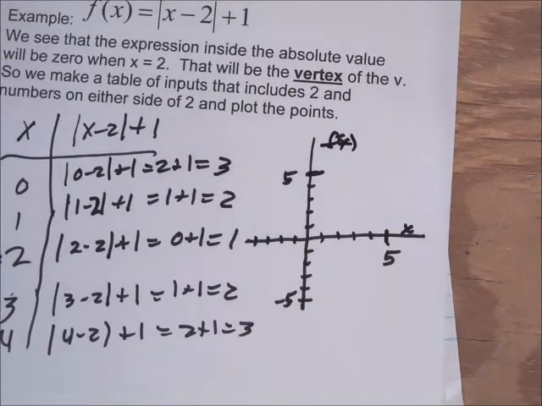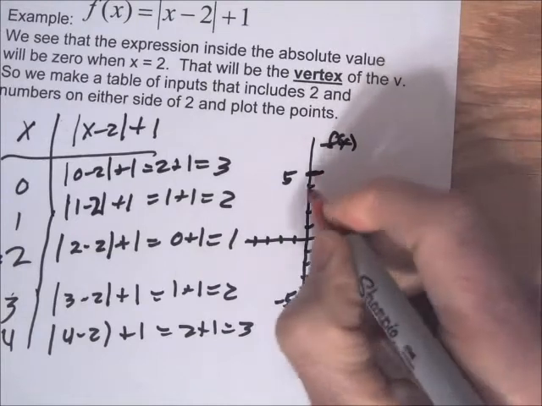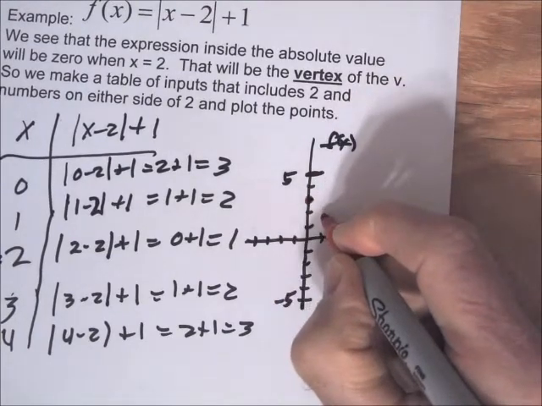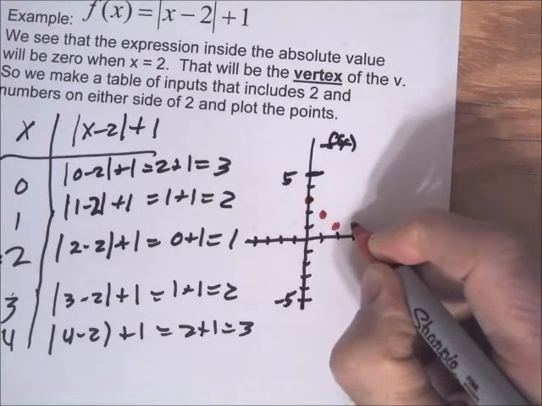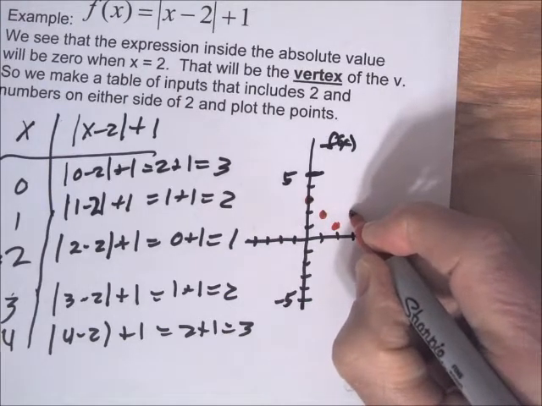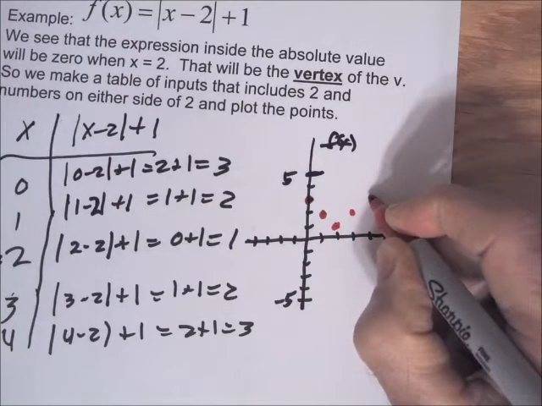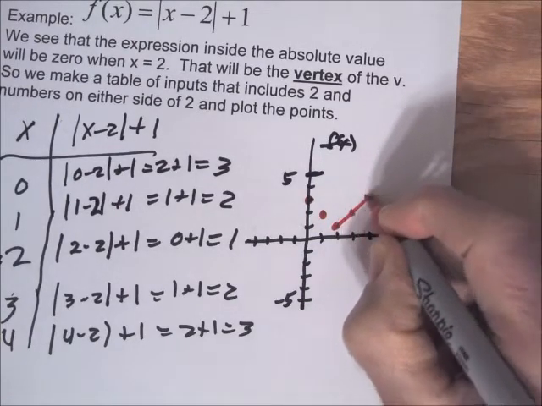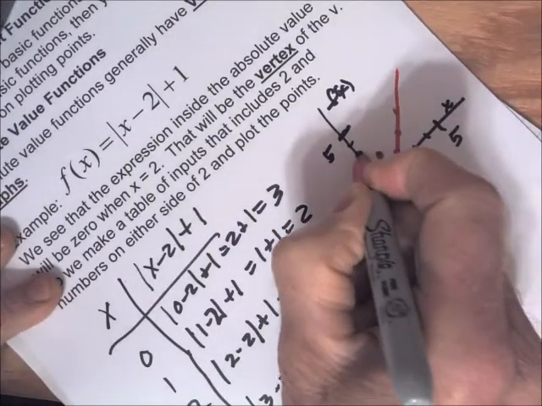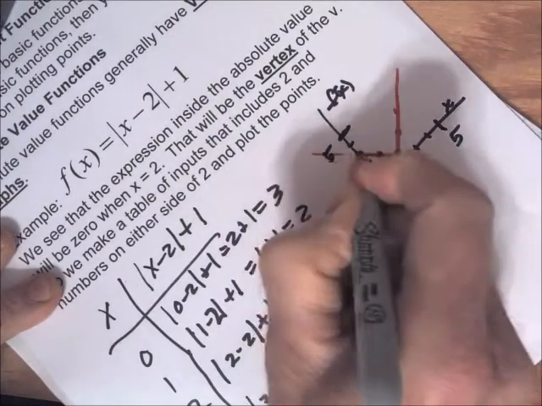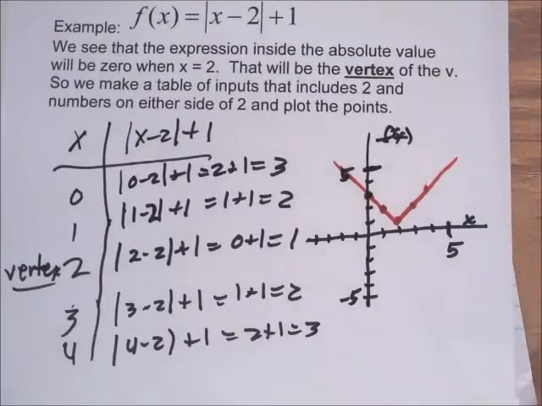So at 0 left to right, up 3; 1 to the right, up 2; 2 to the right, up 1; 3 to the right, up 2; 4 to the right, up 3, and connect the dots. And it's pieces of two straight lines that meet at the vertex. So that's our graph. Absolute value, V shape.